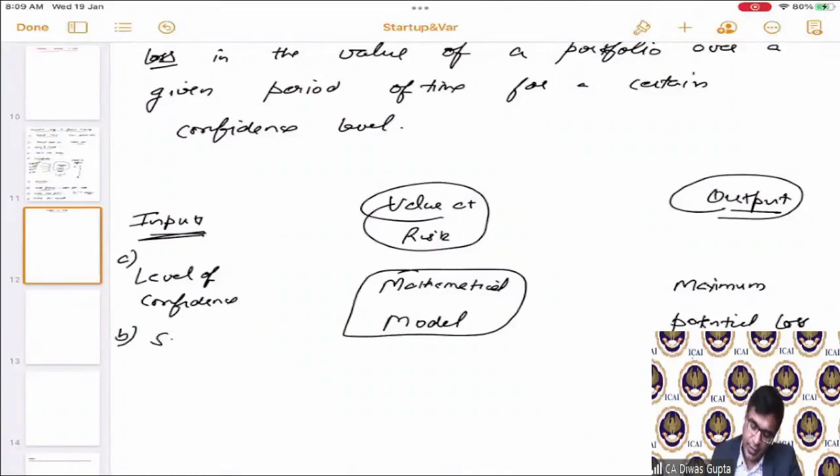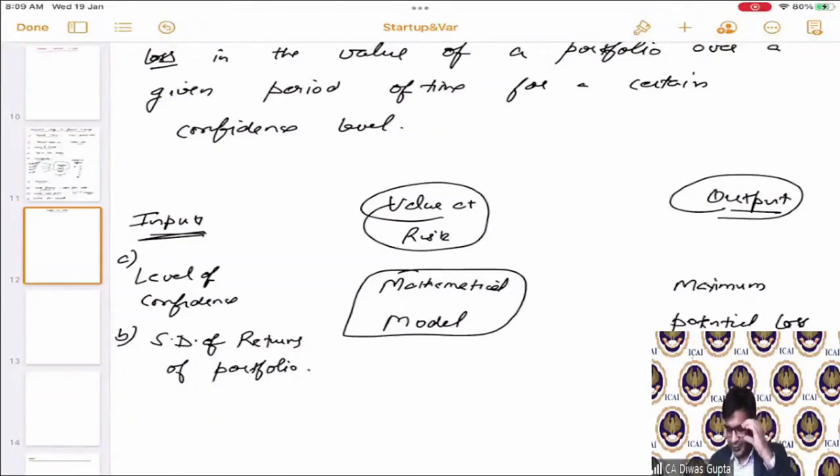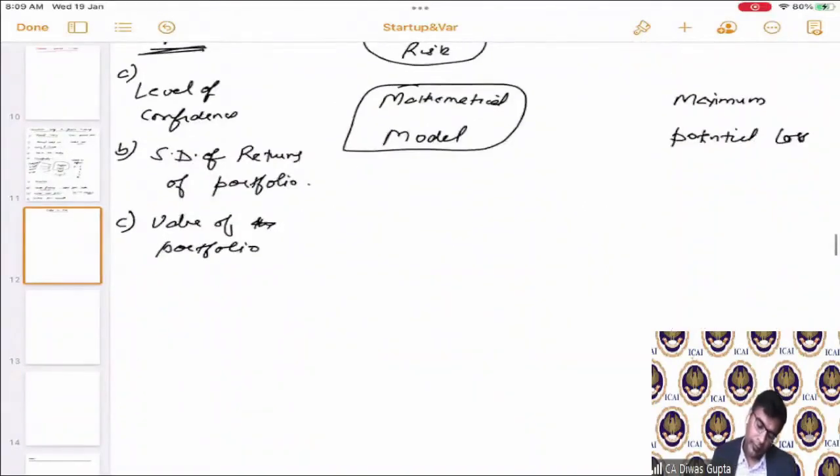Number B is the standard deviation of returns of the portfolio. Then the value of the portfolio, and the time horizon or time period, whatever it is.